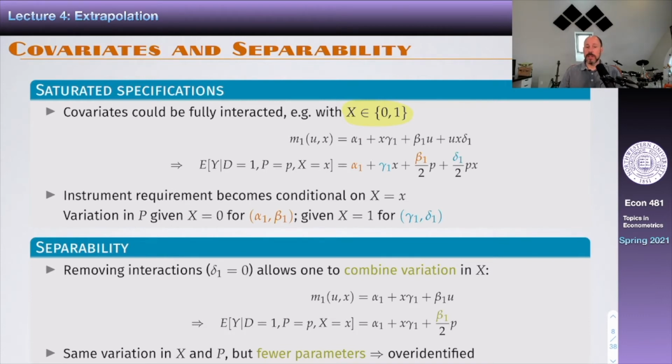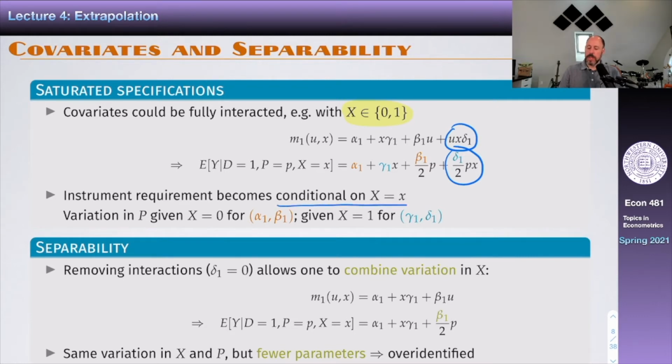So in general, whenever we have this type of interaction terms that appear here and here, the requirements that we're going to need on the instruments are going to be quite stringent because everything has to be conditional on x. Okay?